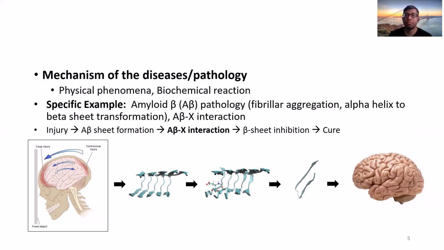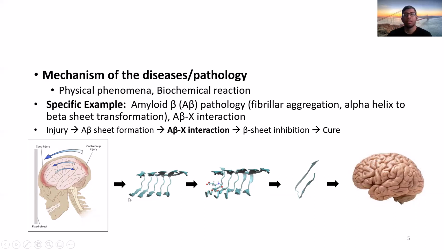In case of brain disease, there is amyloid beta pathology, that is, amyloid beta fibrillar aggregation occurs. And amyloid beta is a kind of protein, in simple terms, that deposits at different parts of the brain as a response to the disease in beta sheet conformation, as we can see here.